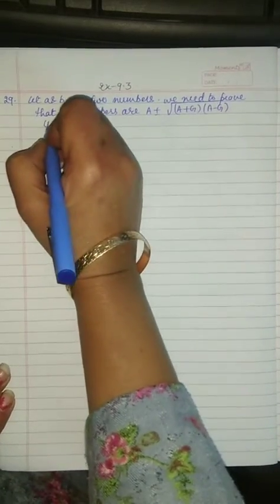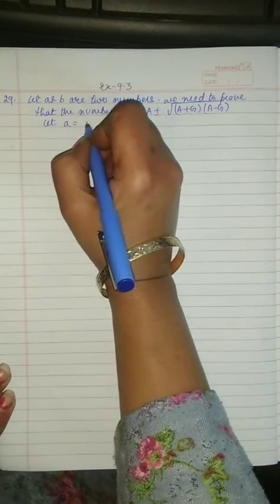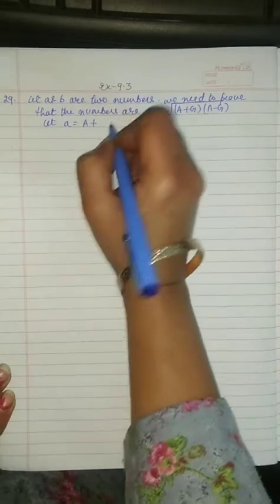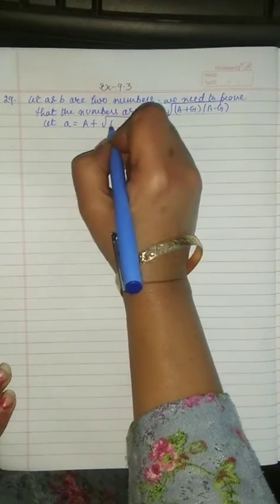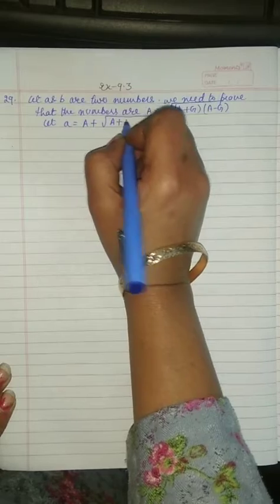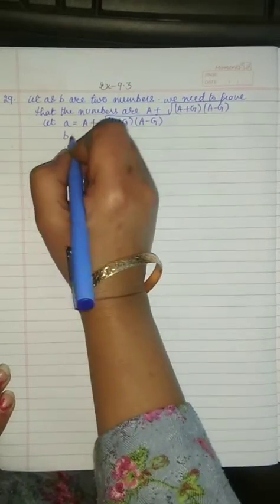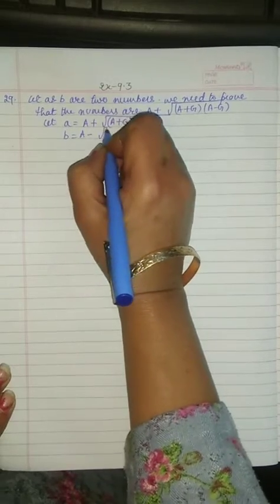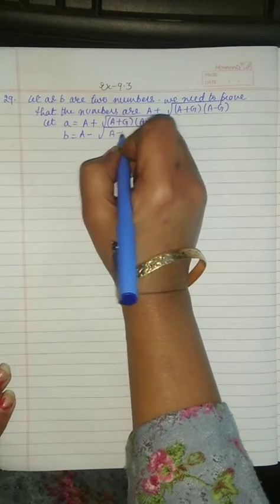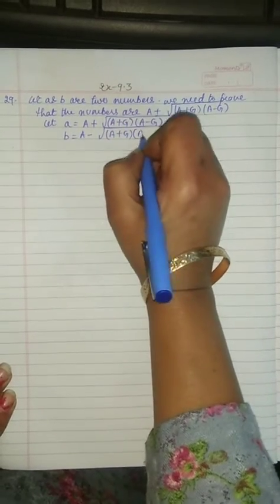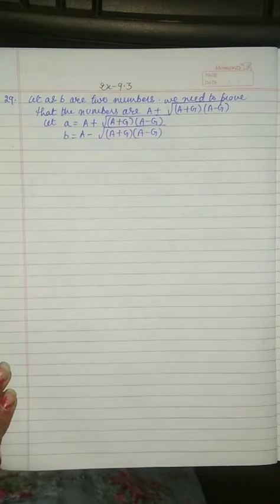Now let a be equal to A plus, according to the question, we have to find that a is A plus under root (A plus G)(A minus G), and b is A minus under root (A plus G)(A minus G).